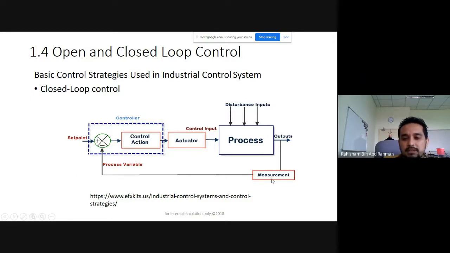Based on the output measurement, it is sent back and plugged into the control action, so that the disturbance input as well as the output values are fed into the controller and it can adjust accordingly to reach the set point effectively. This is rather complicated compared to the previous three control systems, and of course it is the best to achieve automation, right?